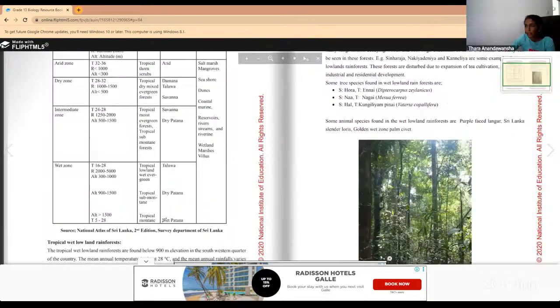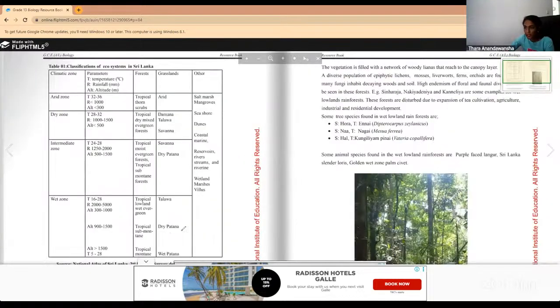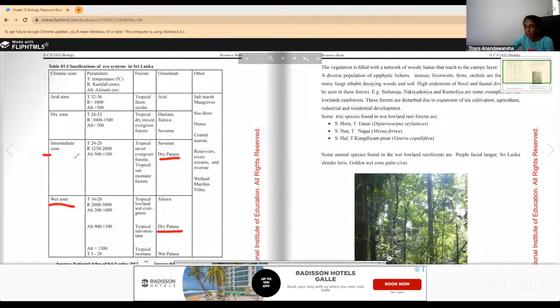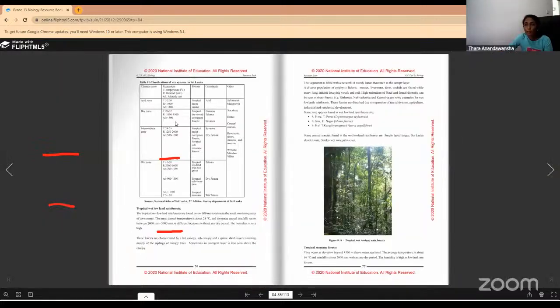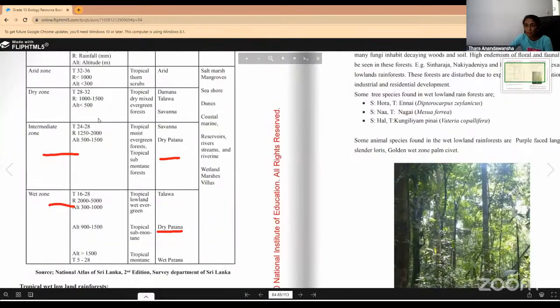You can see that dry coconut is found in this wet zone and intermediate zone. So in the next year, similar questions can come from this table. I would say that the table from the book is much more important, and these are the places you actually need to learn by heart. Many of the MCQs are coming from these tables.